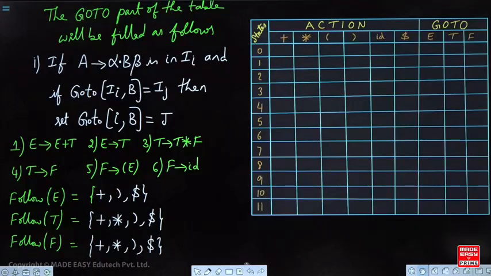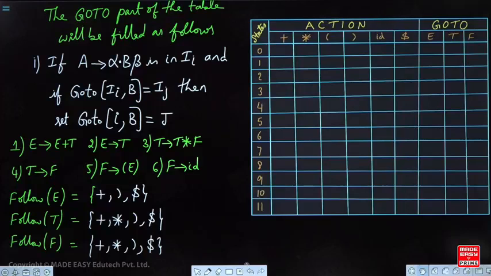For previous students, I already told that parsing the input string earlier, but it is not at all required. So in the action part it is shift j, in the go to part only j.